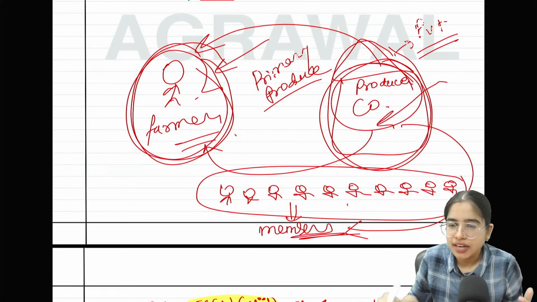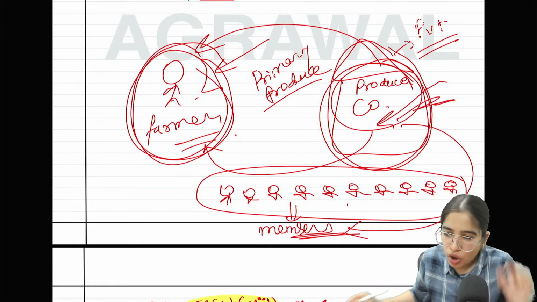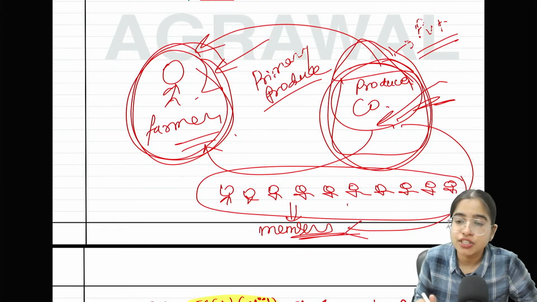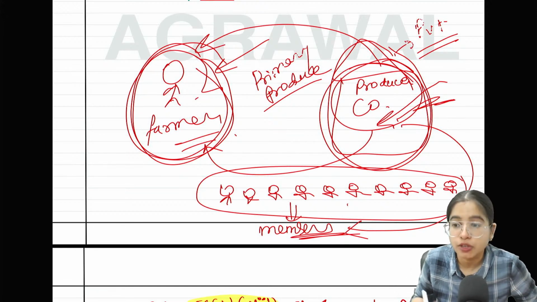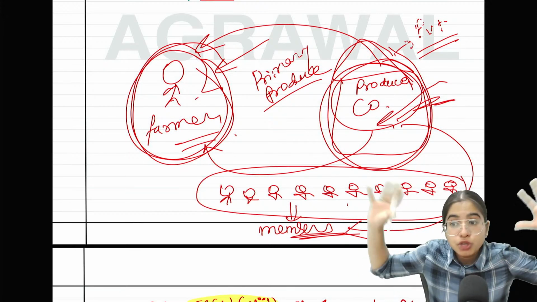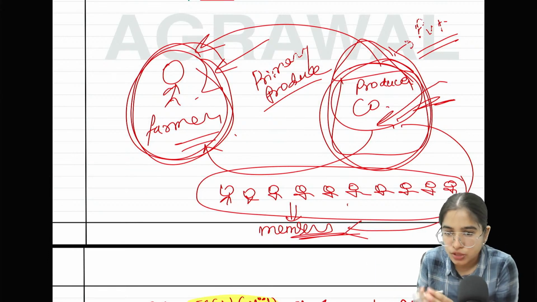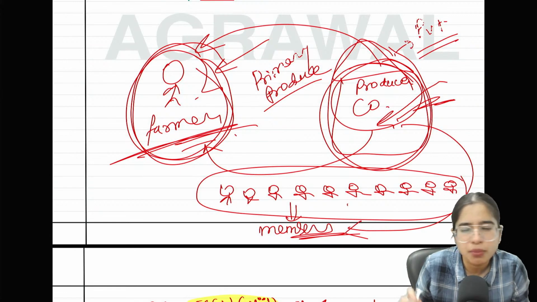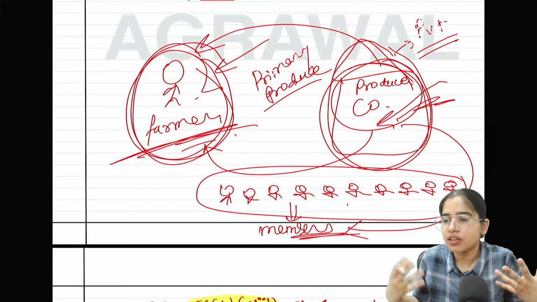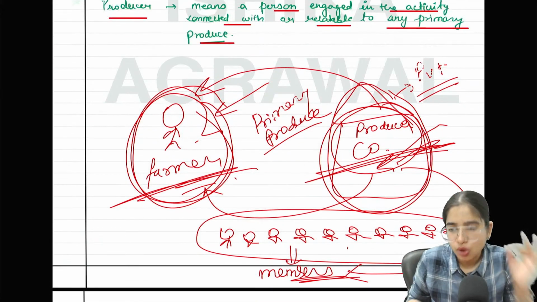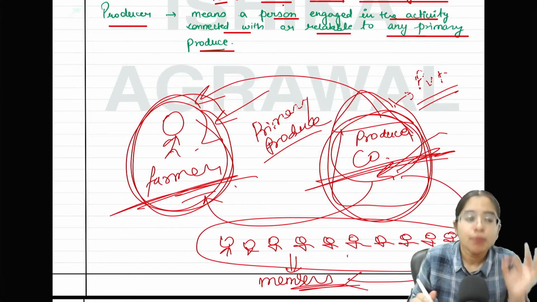So that is why we said that this producer company can always be formed in the nature of a private company, so that they can get relaxation. Why? Because a private company has various relaxations with respect to compliance. A public company is subject to a lot of compliance, but a private company is restricted to limited compliance only. And since this is formed by small farmers, it is very small in size. So that is why a producer company is always in the form of a private company.